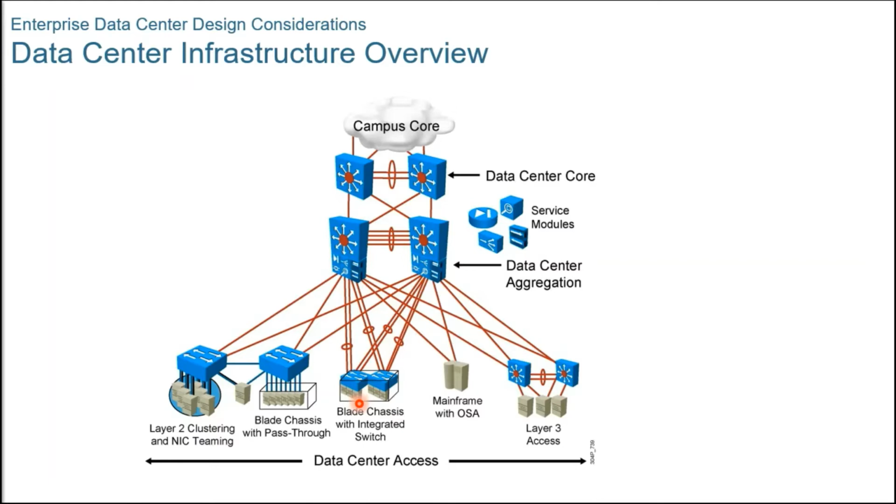Now, the data center infrastructure must provide port density and layer 2 and layer 3 connectivity for servers at the access layer while supporting security services provided by access lists, or ACLs, firewalls, and IPS at the data center aggregation layer.